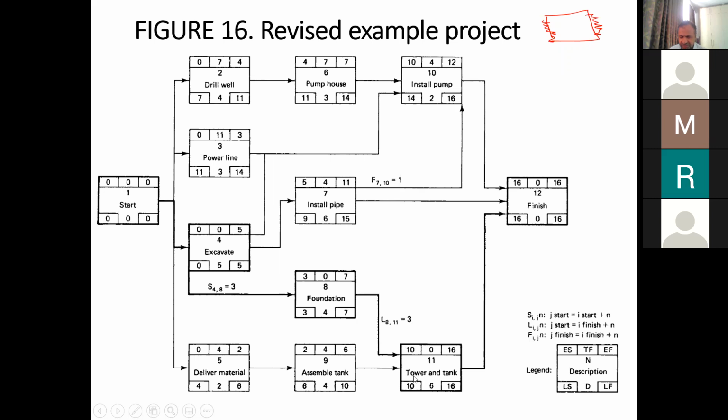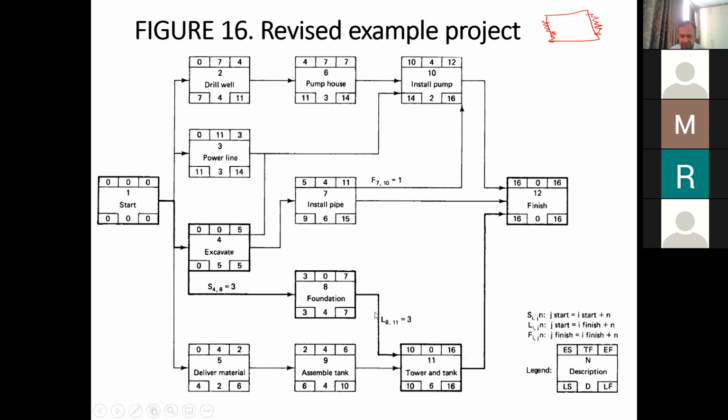The second change was that the tower and tank will not start until at least 3 days after the finish of the foundation. Maybe due to the site constraints, this may be the requirement. So once the foundation is completed, there is a waiting time of 3 days. Only then the tower and tank can be started.